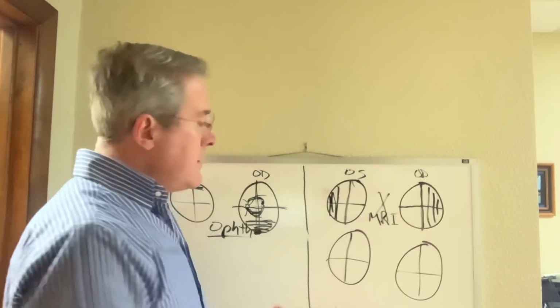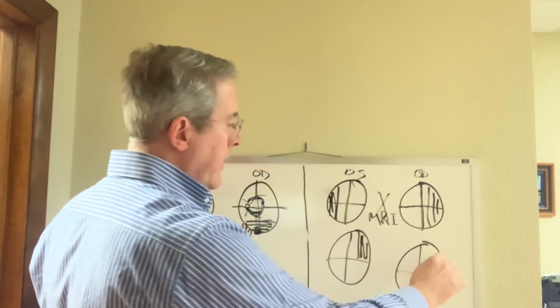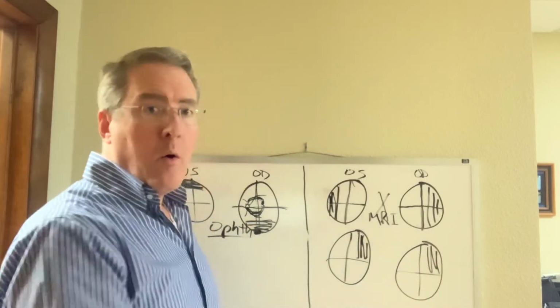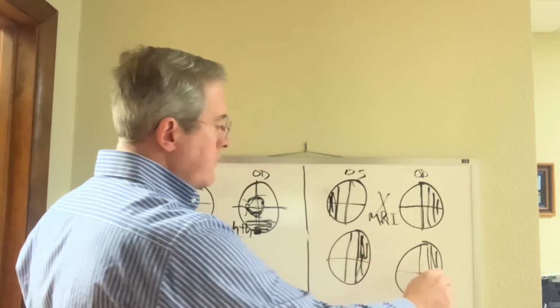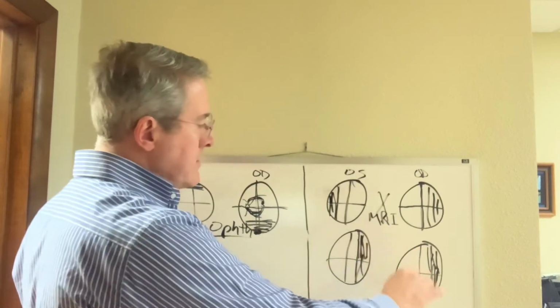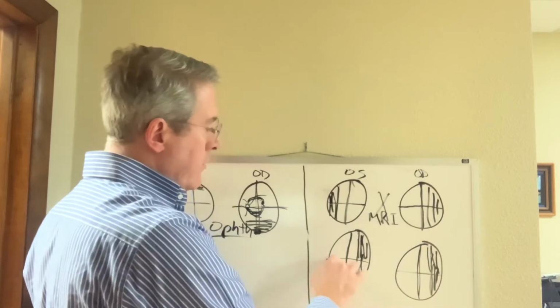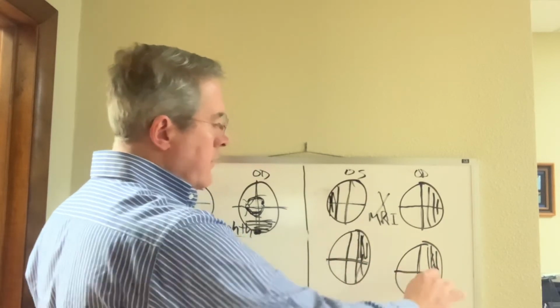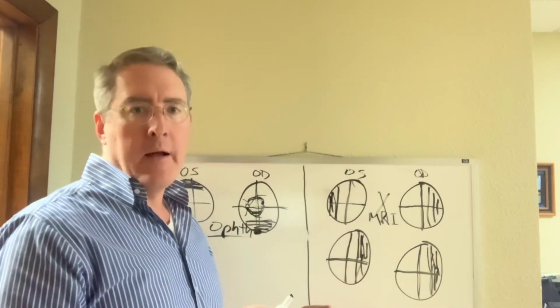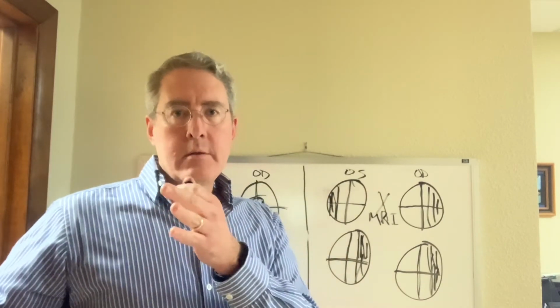And then there is anything else where it's basically on the same side. It can be quadrantic, or it can be greater than quadrantic, but basically it respects the vertical midline and it crosses the horizontal midline and it's on the same relative side. We call this homonymous. So it's to the right, say, visual field.